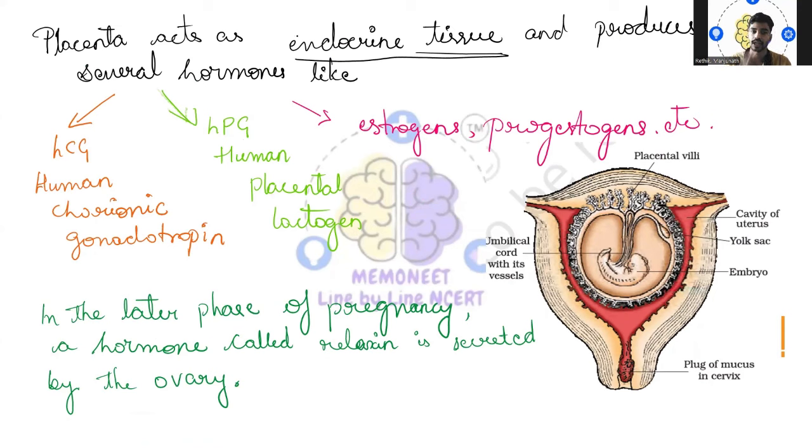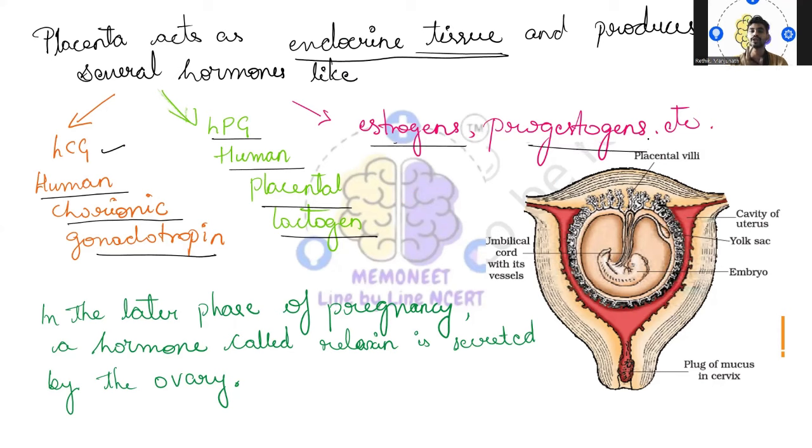What are the hormones? I'll be discussing them here. One is the HCG hormone, which is human chorionic gonadotropin hormone. Another one is HPL, that is human placental lactogen hormone. Another two hormones produced by the placenta are estrogen and progesterone, and many more.